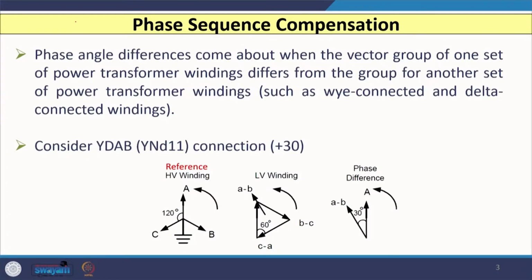So, now with this background, let us consider the third case, that is how we can achieve the phase shift compensation in case of the digital or numerical relay.